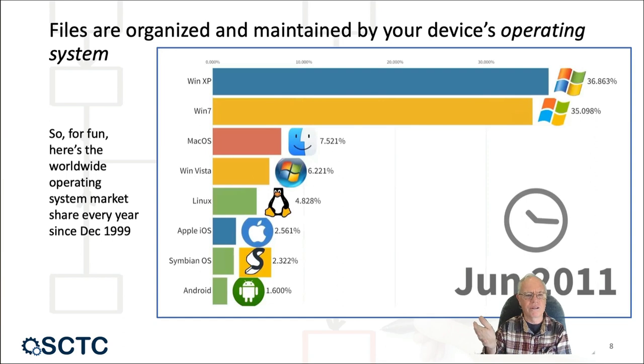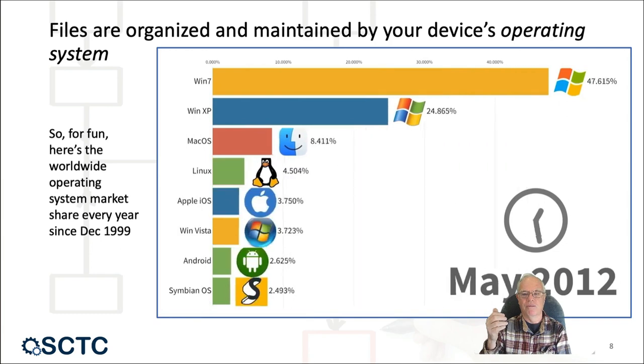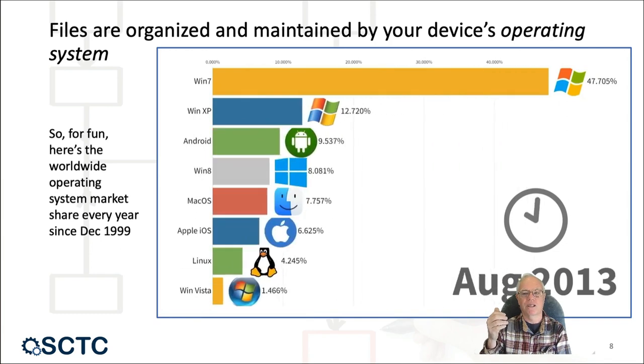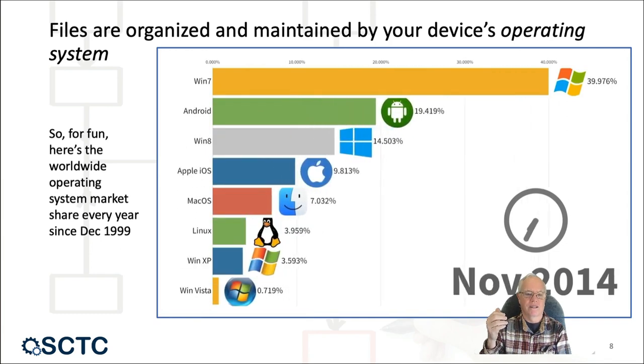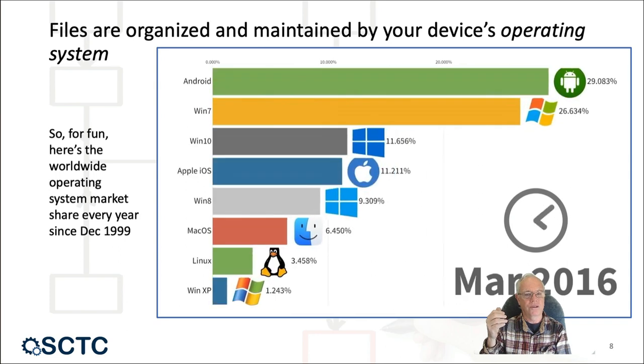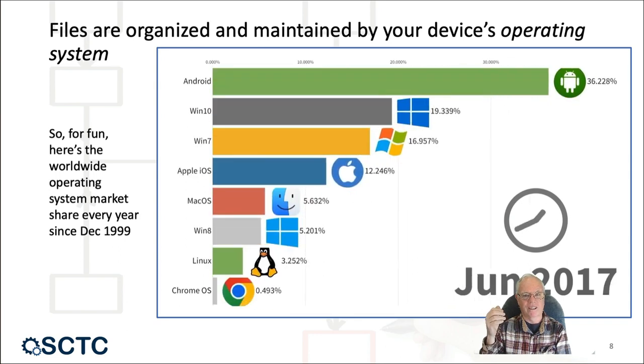We still have Windows 7, Windows XP. Mac OS is high on the list now because Apple's starting to sell a lot more Macs. And good old Windows Vista is still in there. Anyway, let's move forward here. Windows 7, and then, did you see Android? Did you see it pop up the list? Look at that.